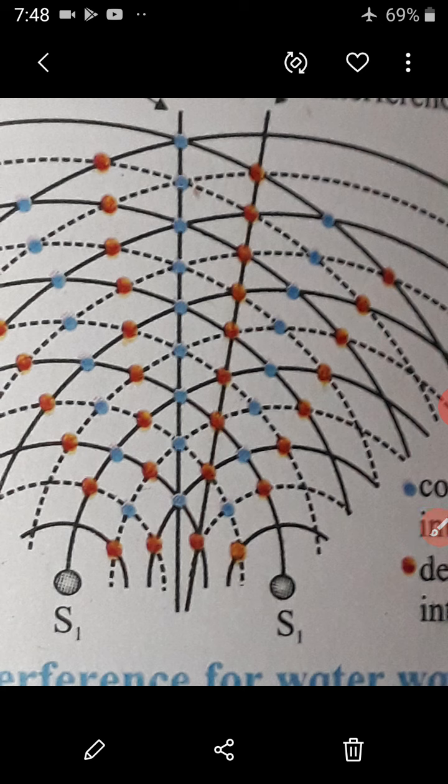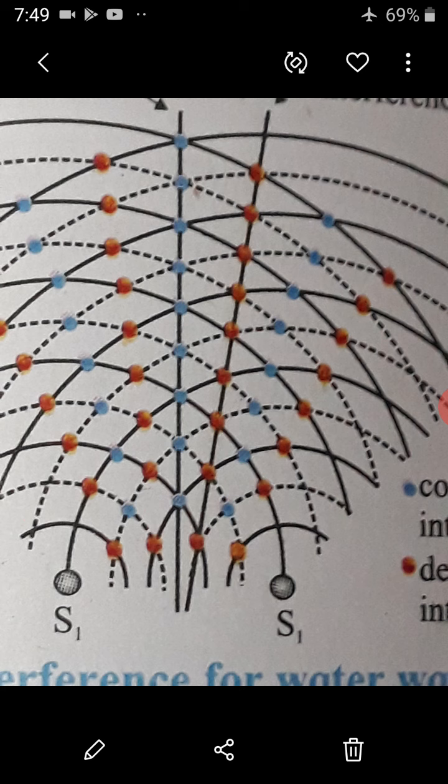They have the same frequency and same amplitude. Here you can see straight curves and dotted curves. The straight curves are crests, while the dotted curves are troughs. Both these sources are sending alternate crests and troughs.